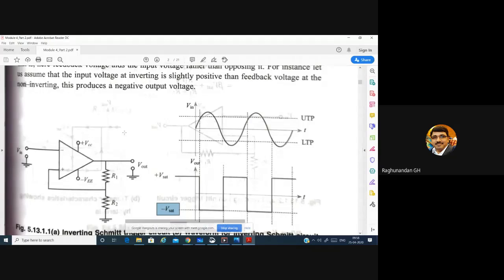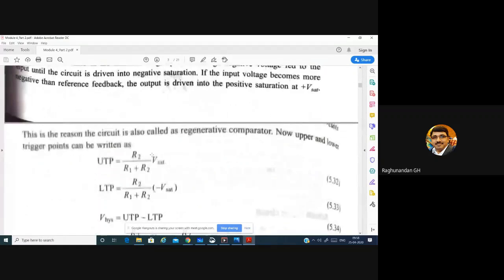Now, if you want to find the upper triggering point, UTP, you should take V saturation: V saturation into R2 by R1 plus R2.